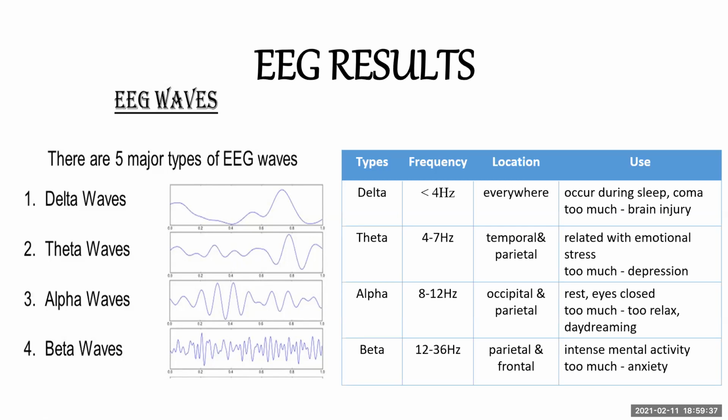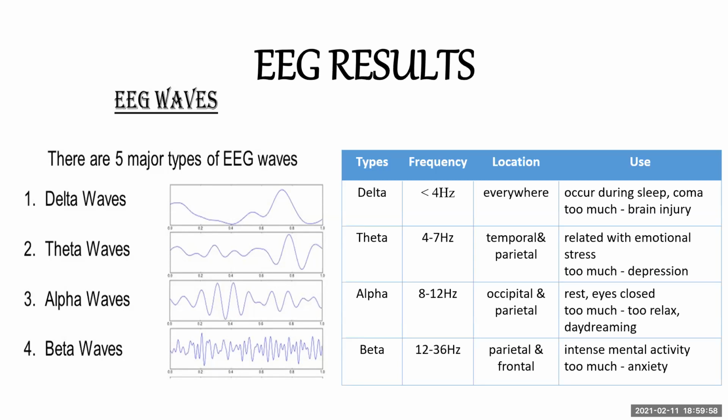All of these waveforms we can classify according to their frequency, amplitude, shape, as well as the site on the scalp. For example, the delta waveform will be produced when the patient is sleeping, or having a coma, or having a brain injury.